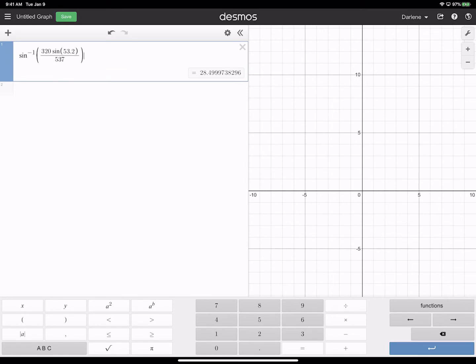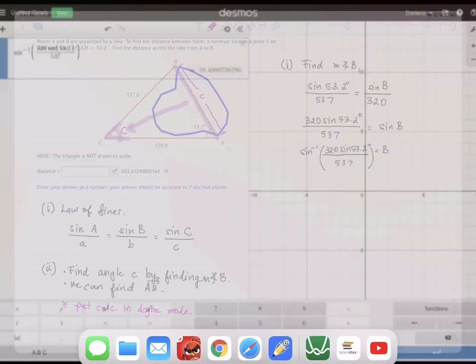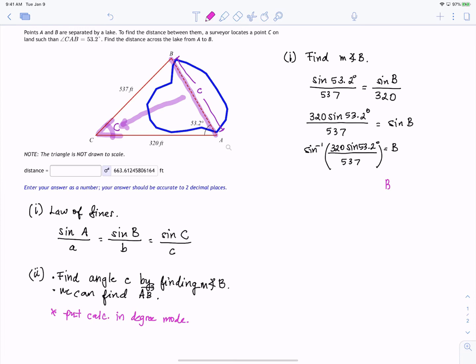Okay, and notice that gives us 28.4999, so about 28.5. So B is equal to 28.5 degrees. Awesome. So here I'll put 28.5 degrees.